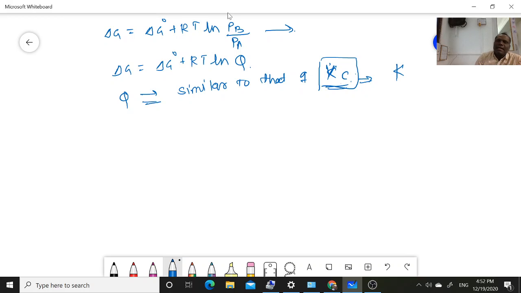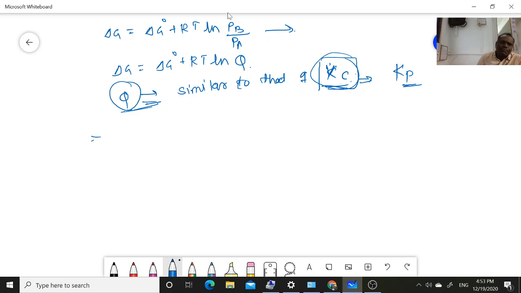If they are expressed in partial pressure, then it is Kp. The values of Q and Kc are not necessarily the same, but the comparison between Q and Kc gives a greater idea about the given reaction.